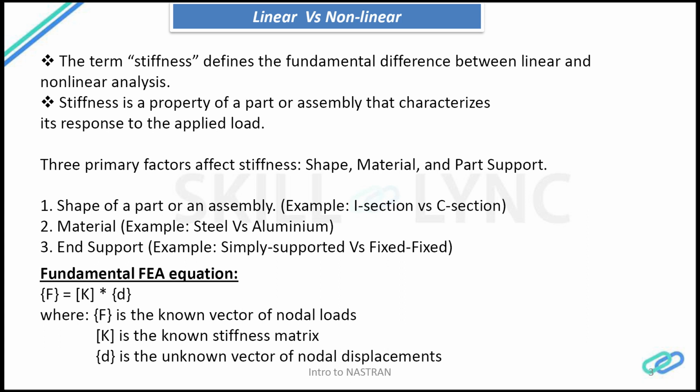The term stiffness defines the fundamental difference between the linear and nonlinear analysis. Stiffness is a property of the part or an assembly that characterizes its response to the applied loading. So the behavior of the structure depends on the stiffness of the structure to which the load is applied.